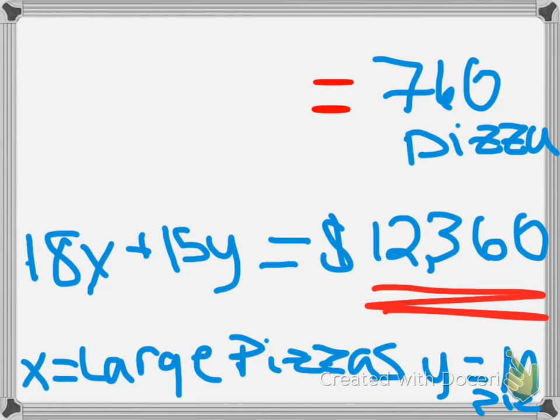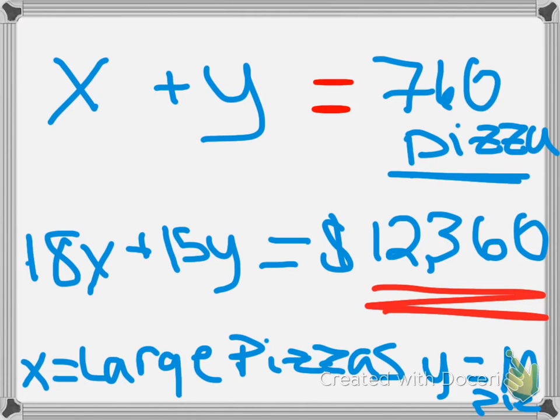Now I'm out of numbers, but I still need to know how many large pizzas, part of all the pizzas, plus how many medium pizzas, part of all the pizzas, will get us a total of 760 pizzas. Part plus part equals total. It's now set up. I'm going to let you try number 39 on your own. It's very similar. I'm now done with the last page of the review for final exam, chapters 1 through 3.